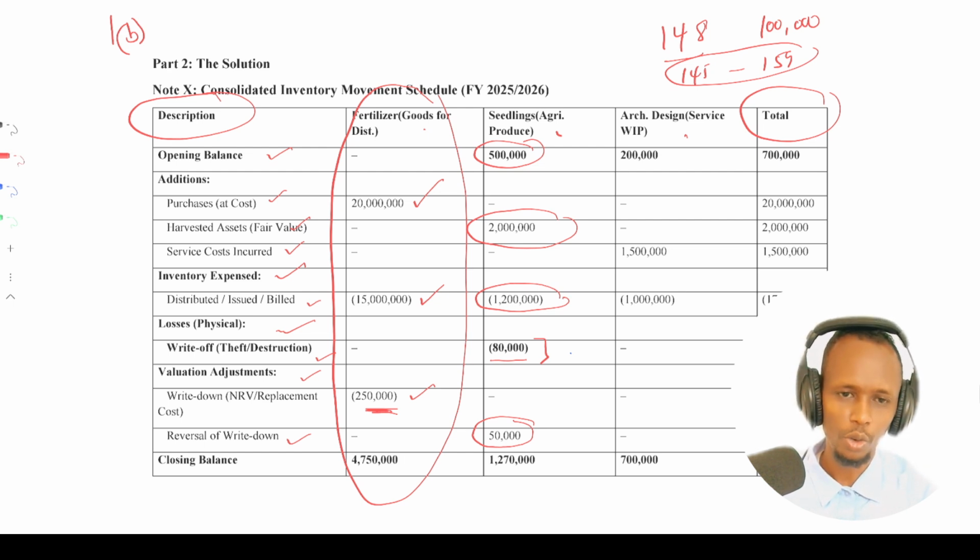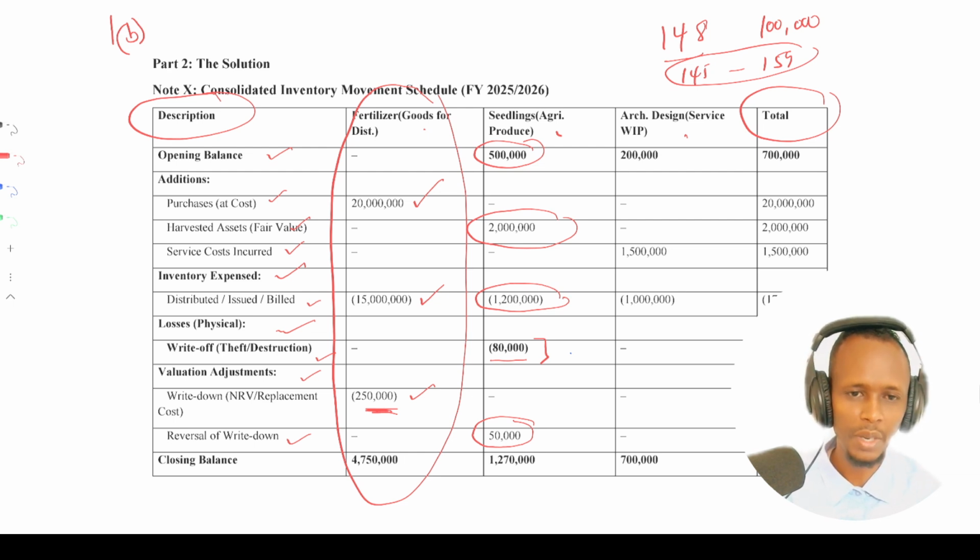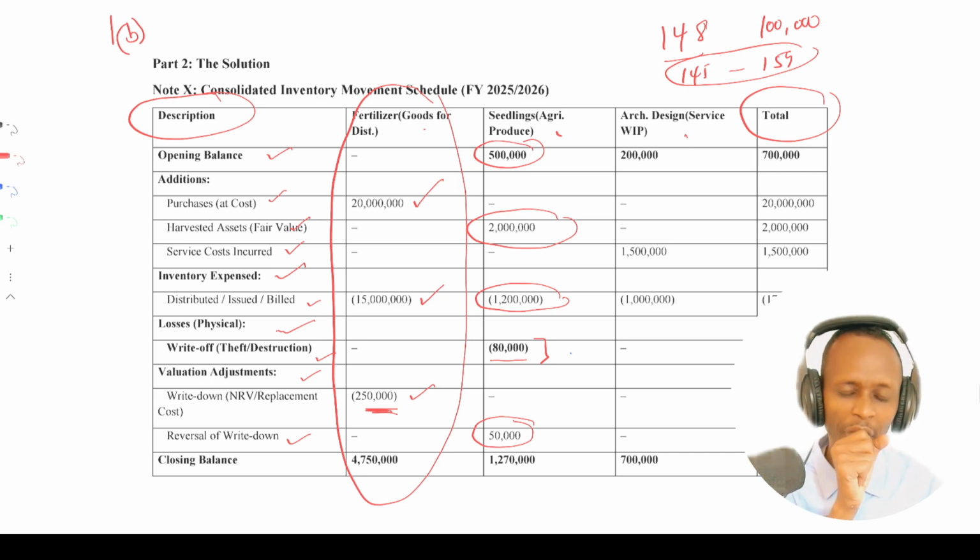That lower of cost, the initial cost, and the current replacement cost. The current replacement cost you underestimated too much. Now you have recovered from the lower figure, but you haven't reached the cost. So it should not exceed the cost at any one point. So you reverse this 50,000.